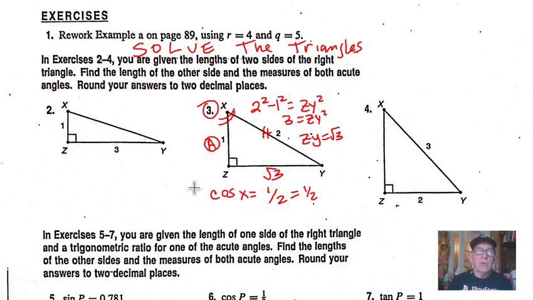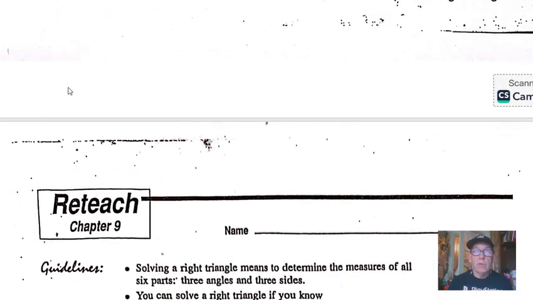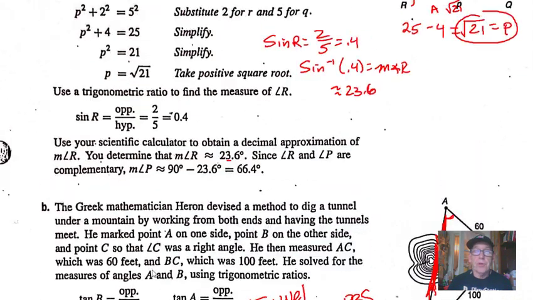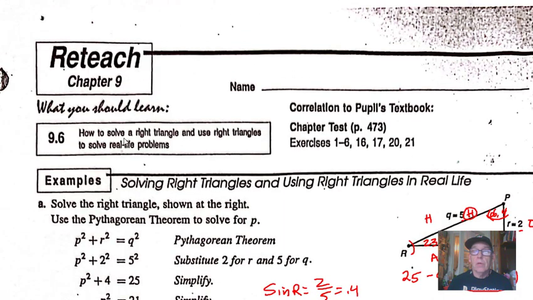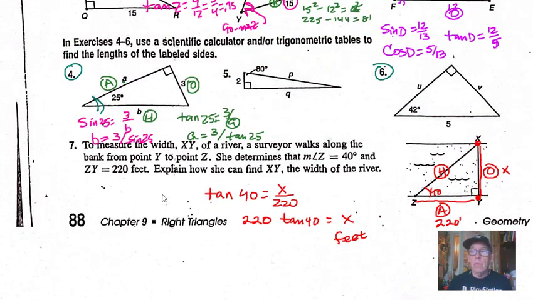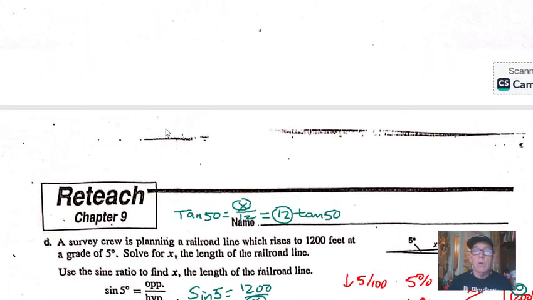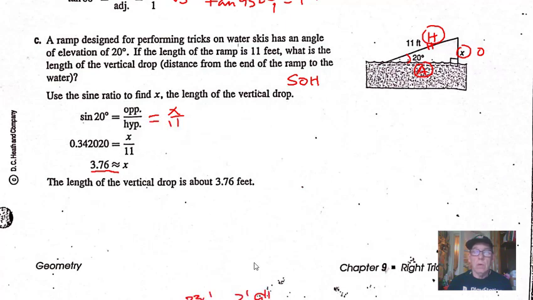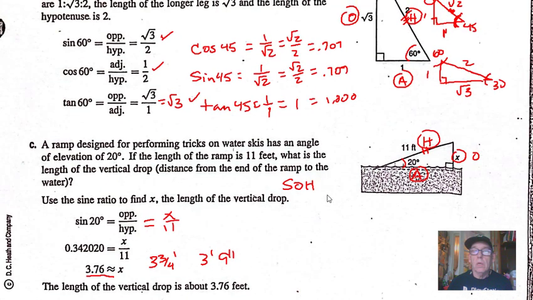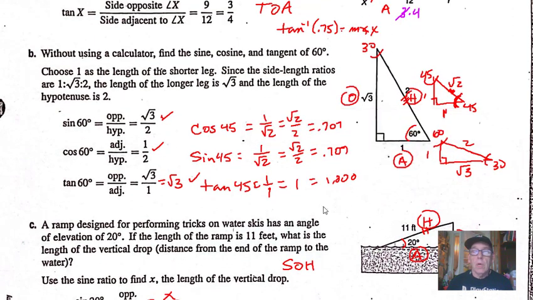Now if you think back to 1/2, it sounds familiar as a cosine, as a shortcut. If we went back to the section where we were talking about our special right triangles, right here, the 1/2, cosine.